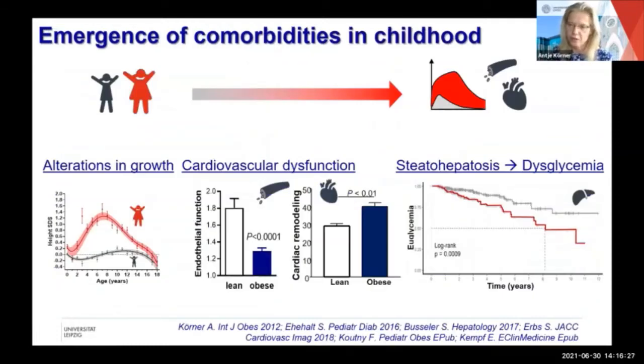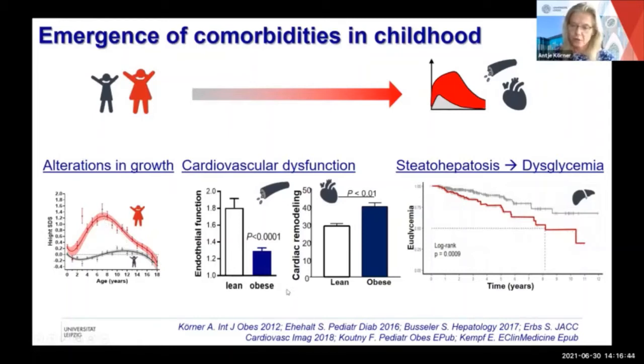evidence for that. Just to give you some examples before I go more into detail on the metabolic stuff, in children with obesity, we see alterations in the growth of the children. So they are taller during childhood, but then there's a regression in puberty.